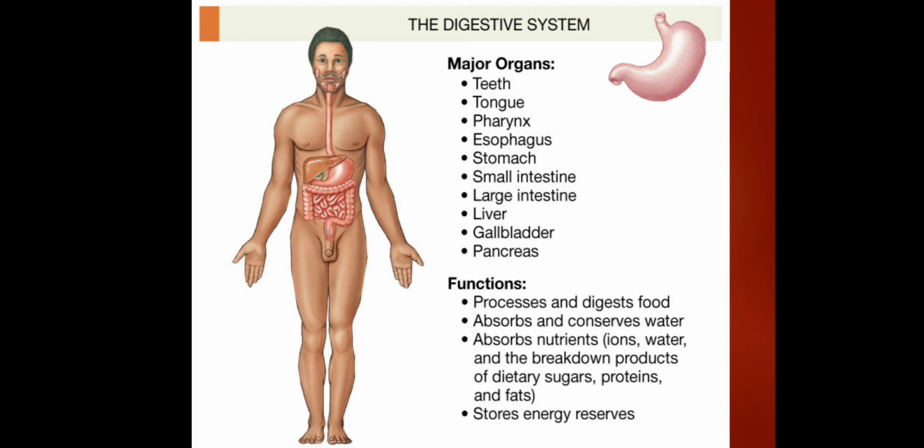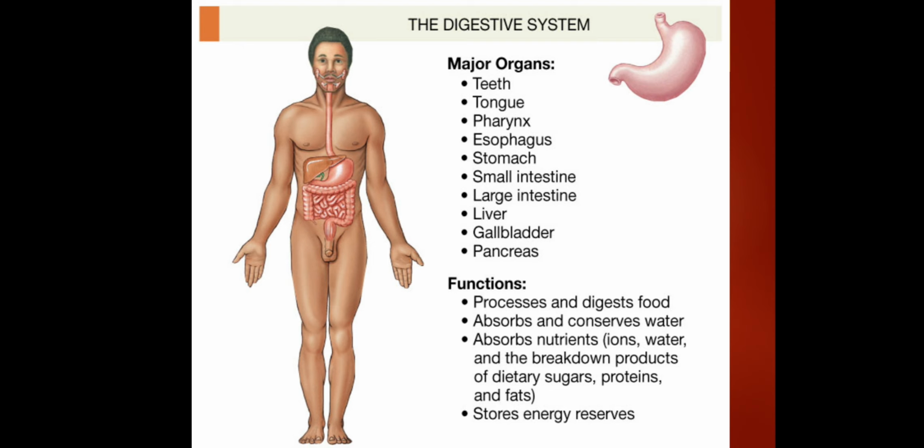Lahat ng yan, si digestive system na po ang nagre-regulate at nag-a-absorb kung may nutrients, may minerals, may vitamins, or may water ba ang kinakain mo. Okay, so that is why your digestion is important, kasi nare-regulate yan. Nalalaman yan because of the different parts of the digestive system.